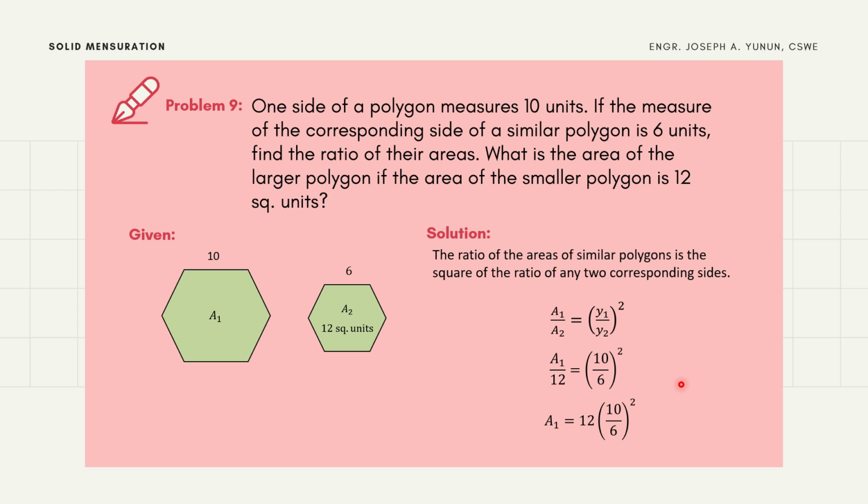Using your calculator, you have 33.33 square units. That is the answer for the second question. The answer for the first question, the ratio of their areas, is A1 over A2 equivalent to 100 over 36.